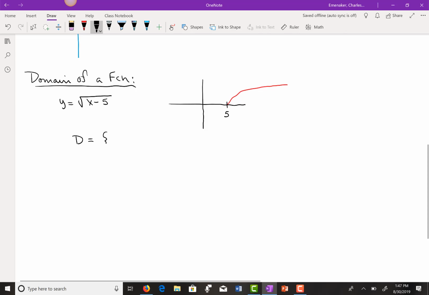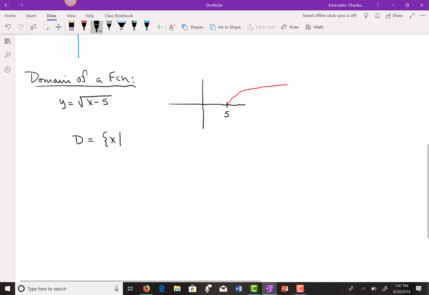So the domain is going to be the set of x such that, let's see, we can start at x equals 5. Can we use 6? 7? Can we use 11.3? Yeah. Can we use 17 over 2? Yeah. Can we use the square root of 122?